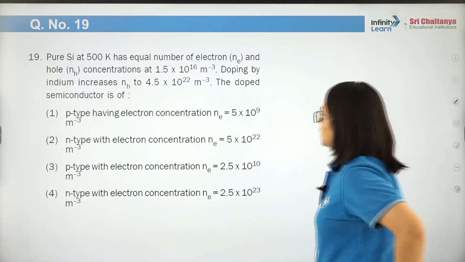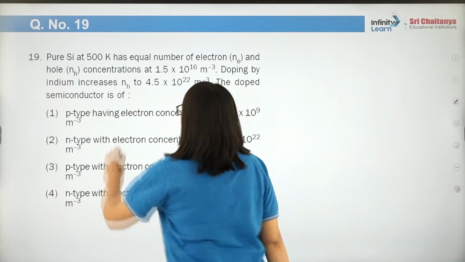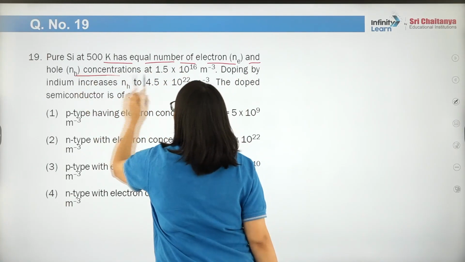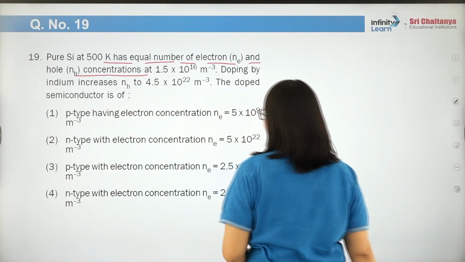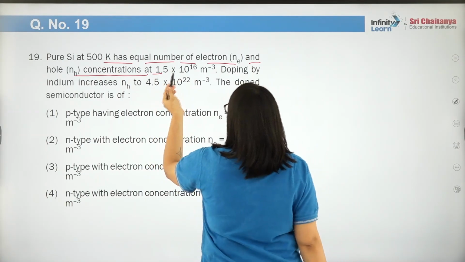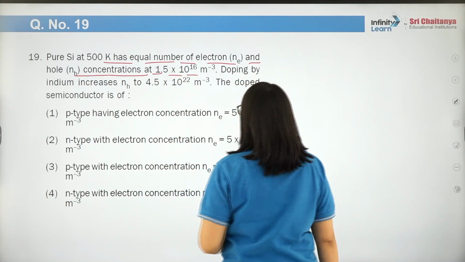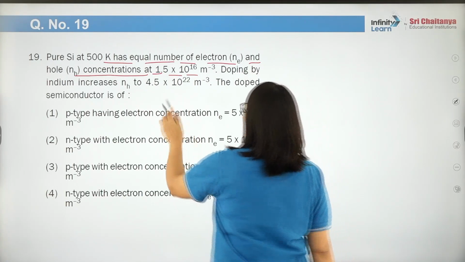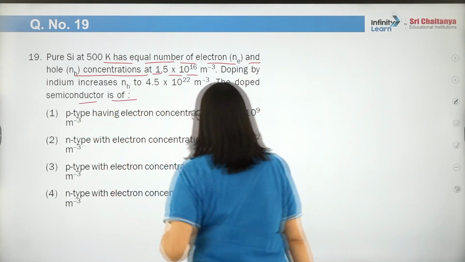Next is question number 19. Pure Si at 500 Kelvin has equal number of electron and hole concentrations at 1.5 into 10 power 16 per meter cube. Doping by indium increases Nh to this. The doped semiconductor is of.